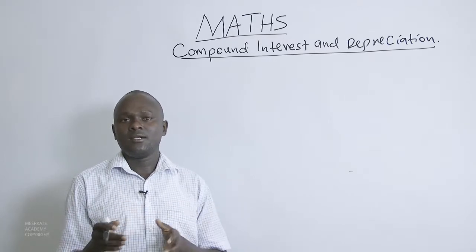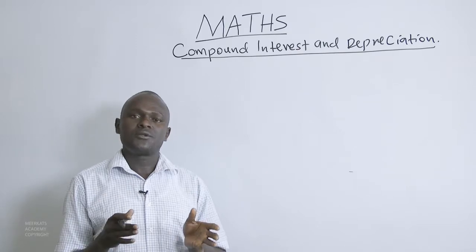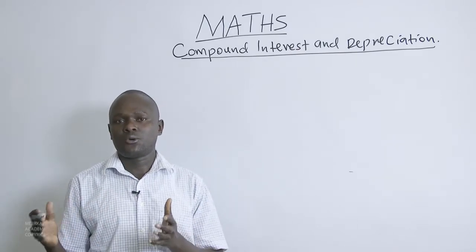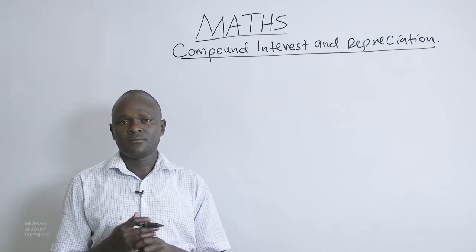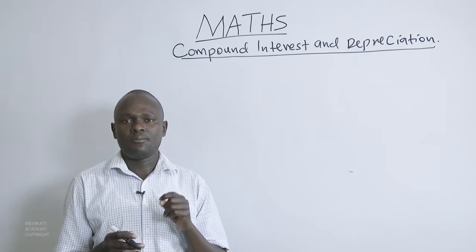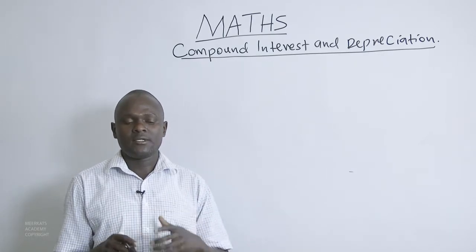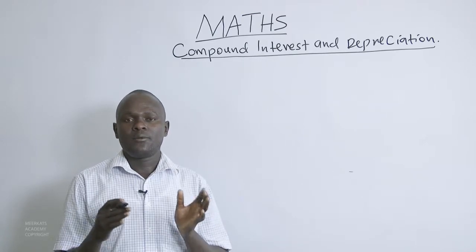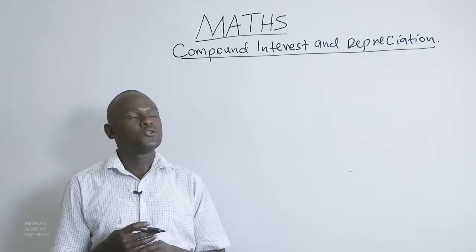We not only calculate the interest based on the principal amount, but also on the accrued interest. That is the difference between simple interest and compound interest. So as time goes by, you'll discover that the principal amount will tend to increase.